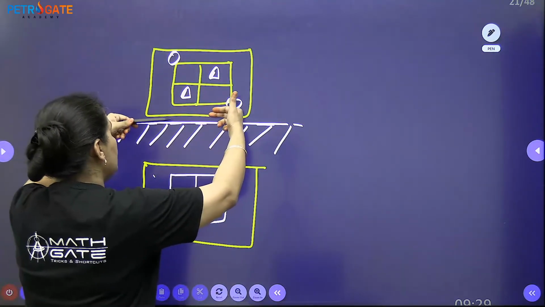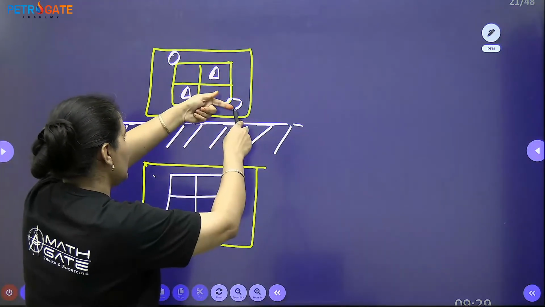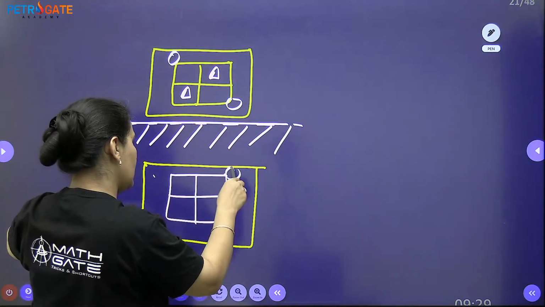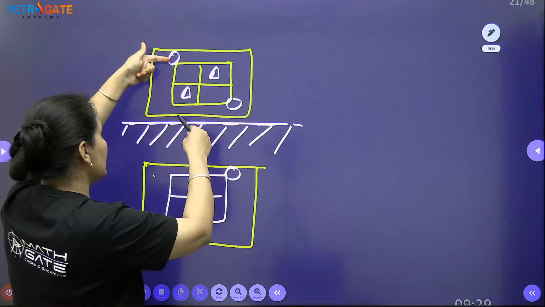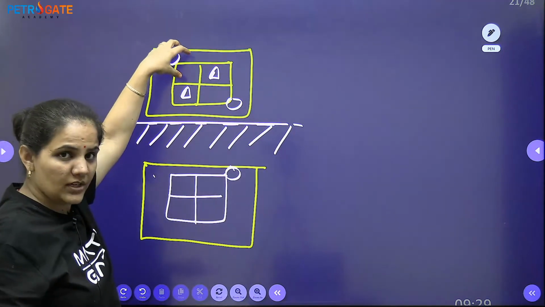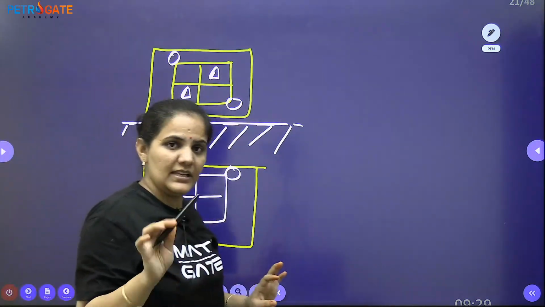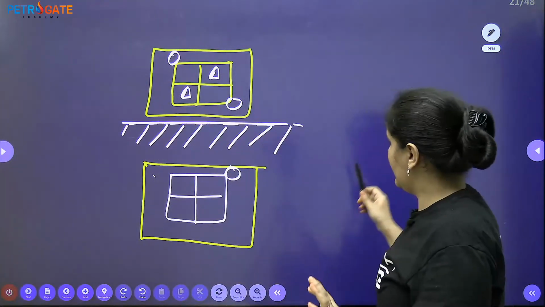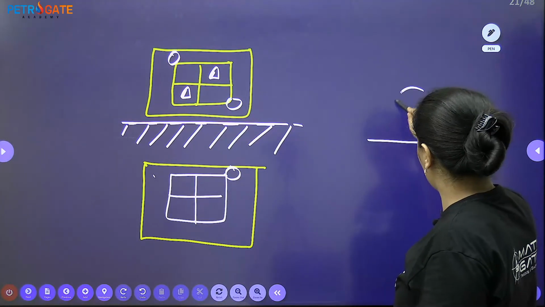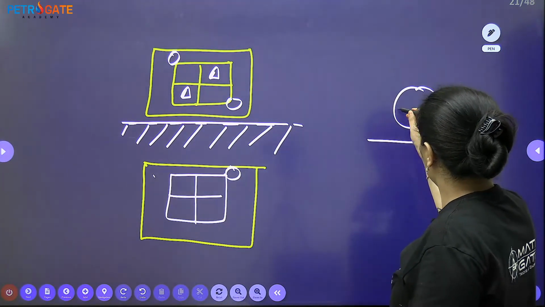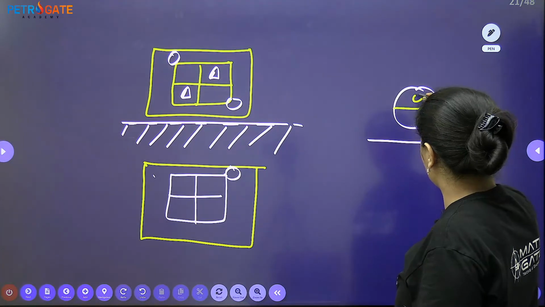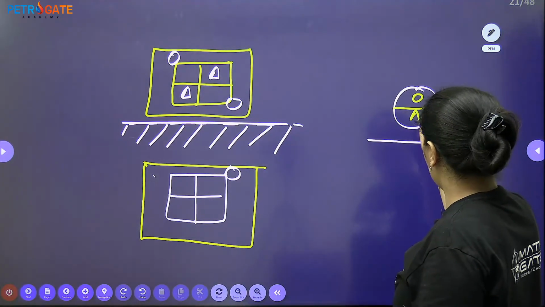When we flip this one, yes ma'am, this circle, when I flip it, will be here only. When I flip this circle, which is on the upper portion, as we know very well, whenever we need to find out, suppose I have here two circles, the first one, and here I have a triangle.